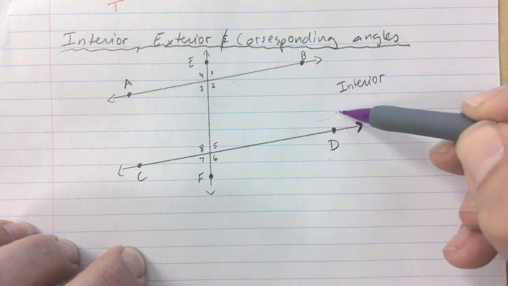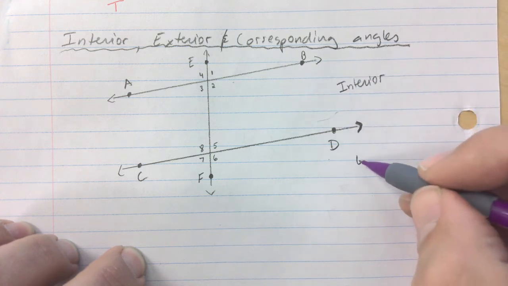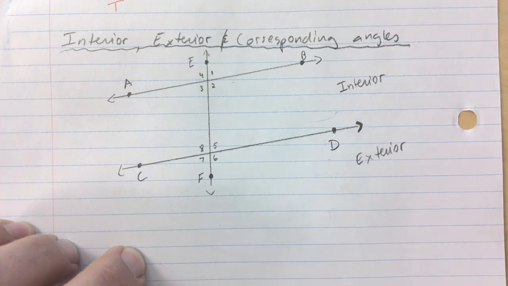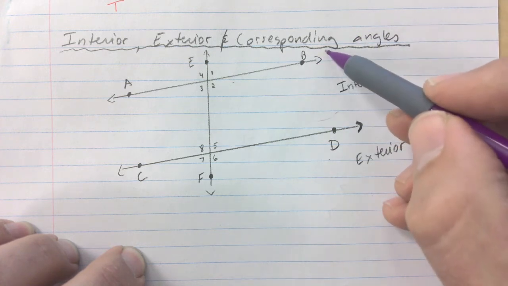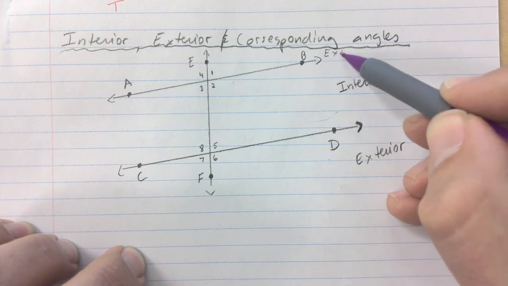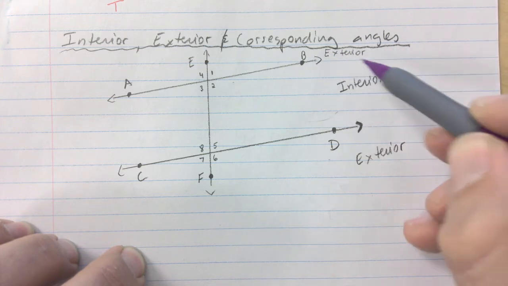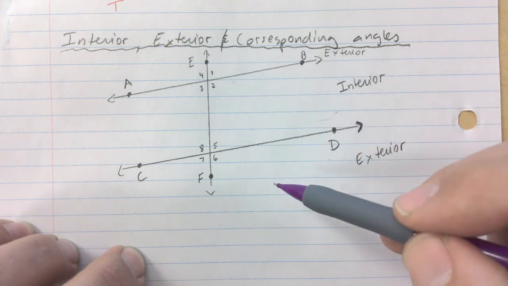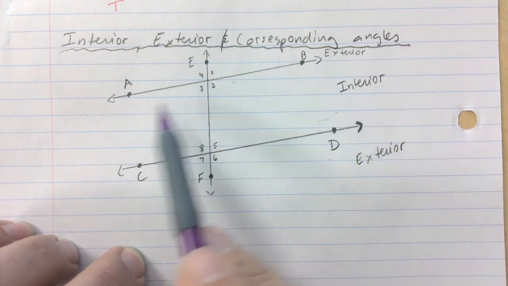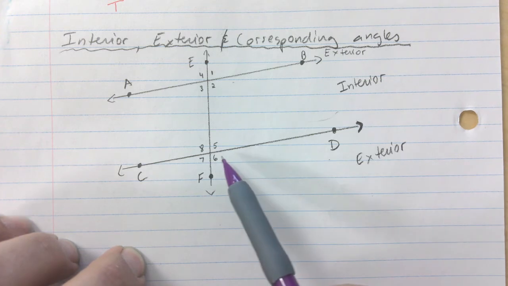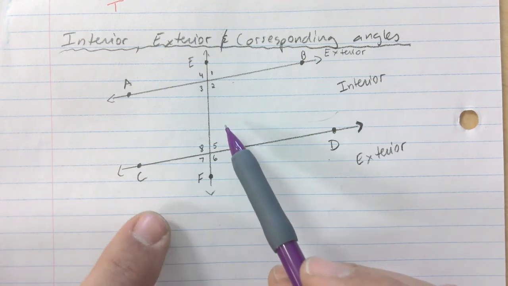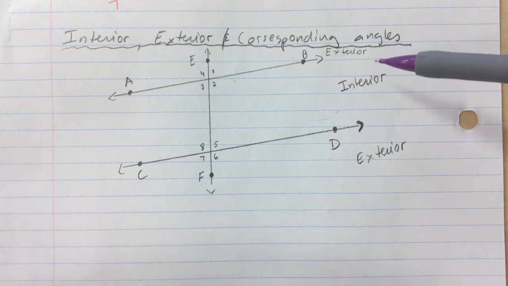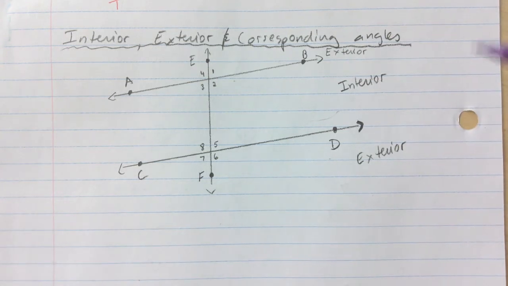Anything outside would be considered exterior. I'm talking about exterior up here, exterior here, and anything here is interior. This will get a bit more complex later on, but for now we're just going to keep it simple.